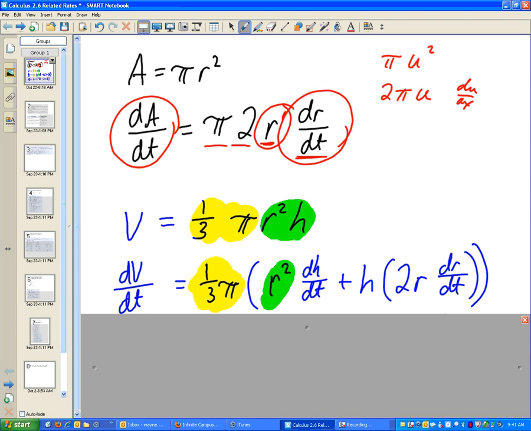H is a function, so its derivative is h prime, or dh dt, plus the second function, h, times the derivative of the first. R is a function, so its derivative is 2r times the derivative of r.